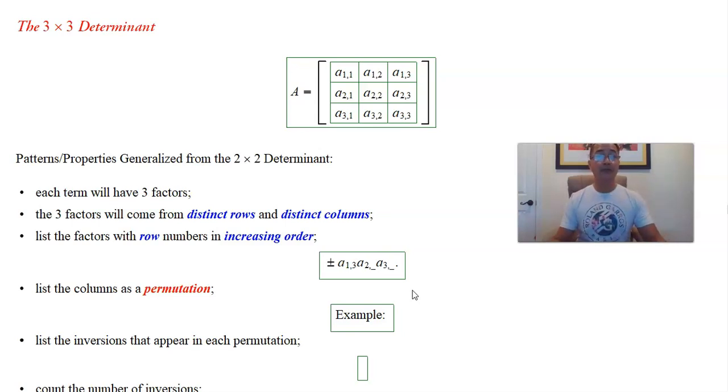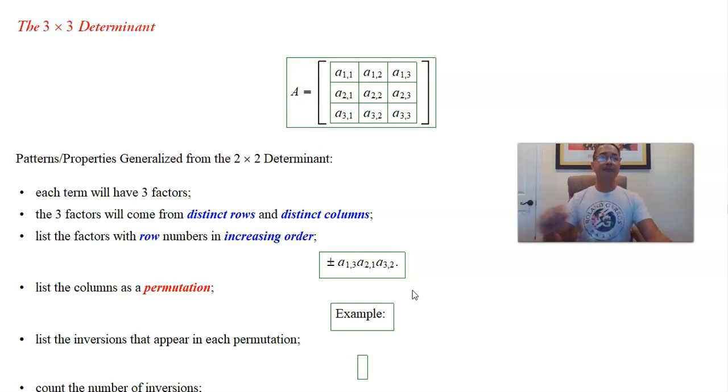Now, if I chose 3 for the first column number, then I can't use 3 anymore for the second factor or the third factor. So I have to use something else. So how about 1? Okay, so I now have a representative from column 3 and from column 1. Let's see, who can I put here? I only have one choice left. It has to be 2, because every column has to appear there.